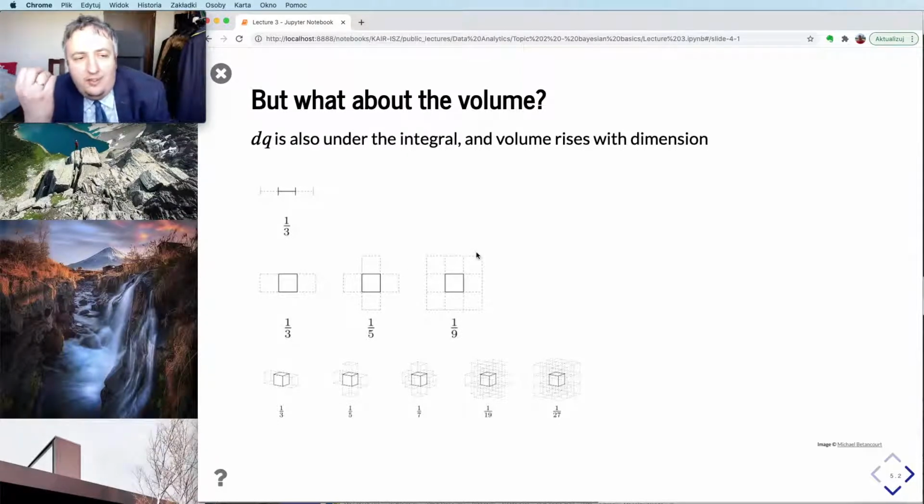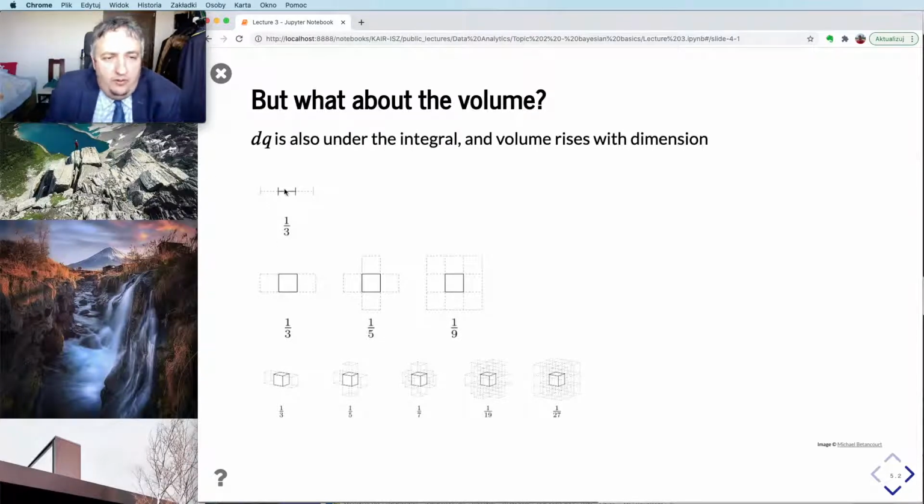So in one dimension we focused on 1/3 of our volume. In this case, the square in the middle is only 1/9 of the volume. So increasing a dimension reduces the contribution of the parts around the maximum.